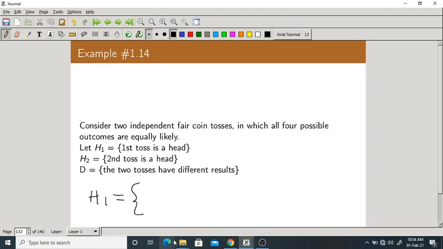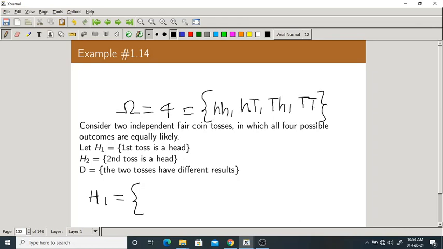Before that, the sample space will have 4 elements. What are they? Head head, head tail, tail head, tail tail. If all are equiprobable, the probability of getting head head, same as tail tail, is 1 by 4.